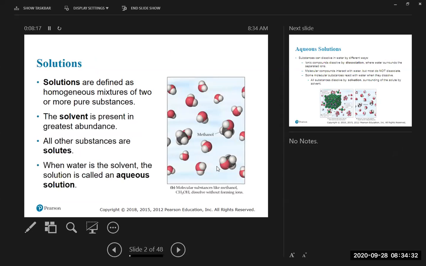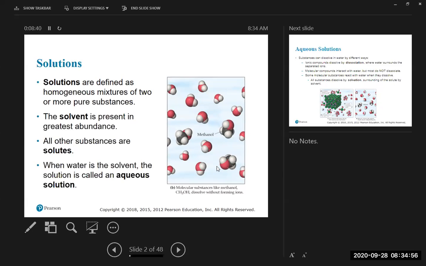When we talk about a solution, what we're talking about is a homogeneous mixture of 2 or more substances. And when you have that mixture, the molecule that's there in the greatest abundance is called the solvent. So for aqueous solutions, that would be water.